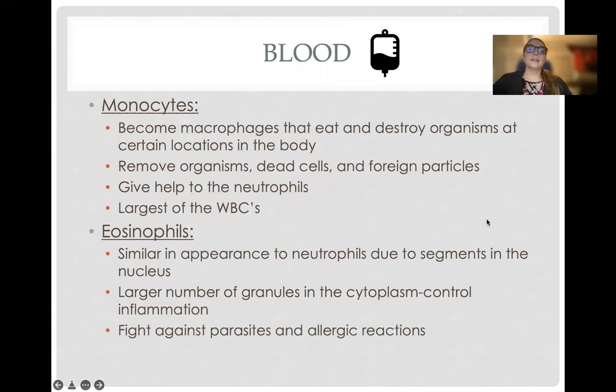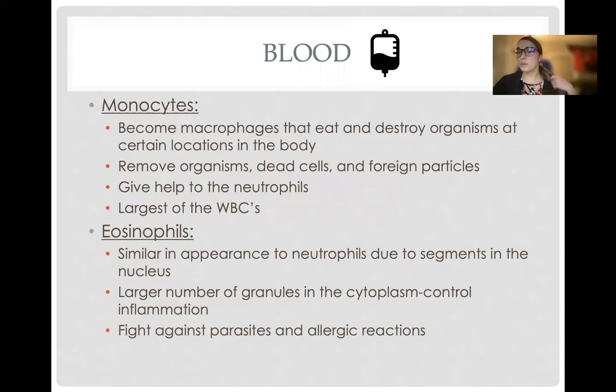Some more of our white blood cells, we have monocytes, and monocytes are going to develop into macrophages that will eat and destroy organisms at certain locations of the body. So that's going to be good and bad. They will help remove organisms and dead cells, also other foreign particles that might be present.